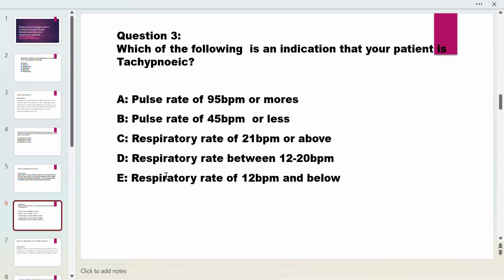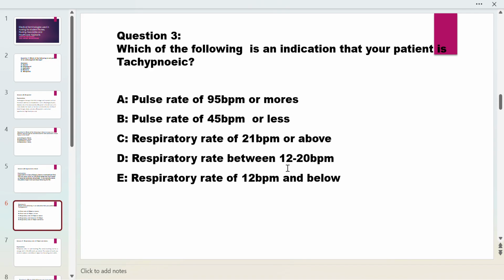But then when we come to the E, the E says respiratory rate of 12 breaths per minute and below, which is a bradypnea, which will be below the normal range. So if we are looking at it, the D will be the normal range.